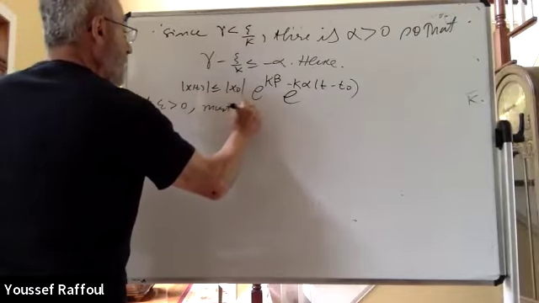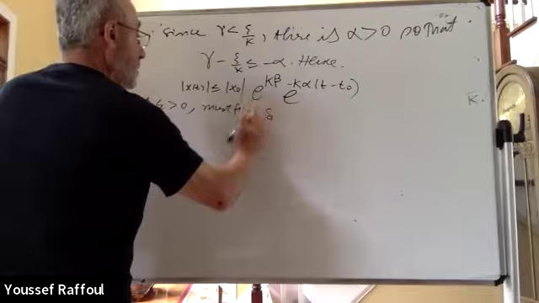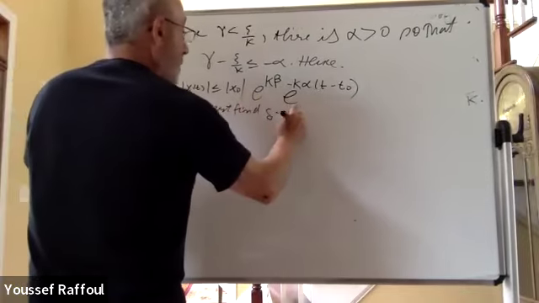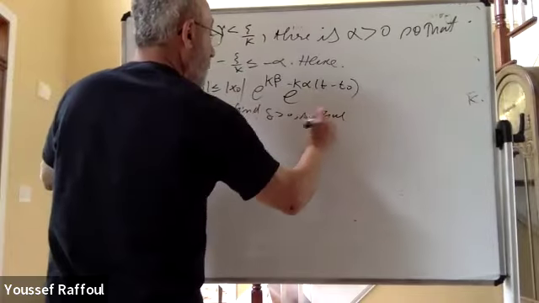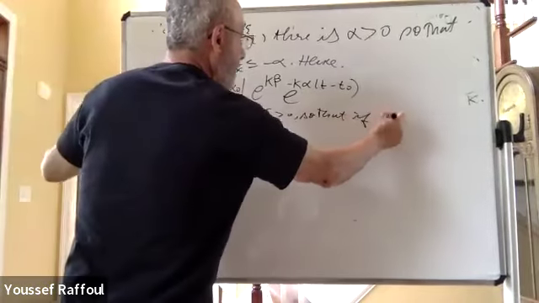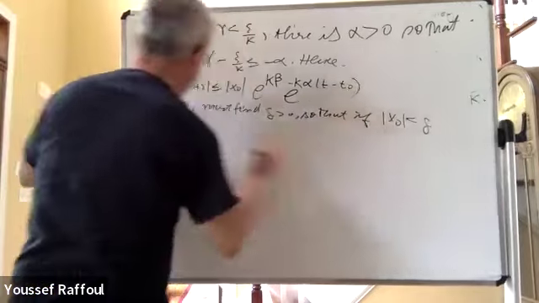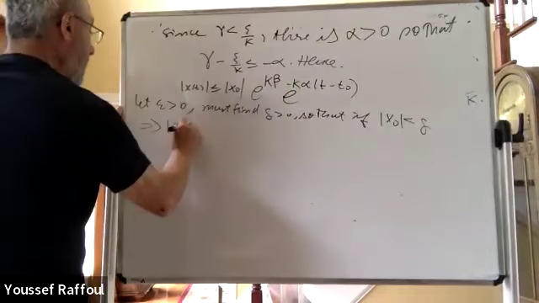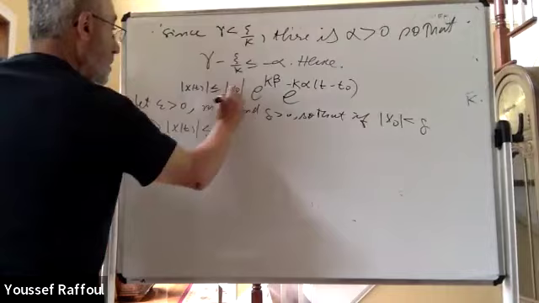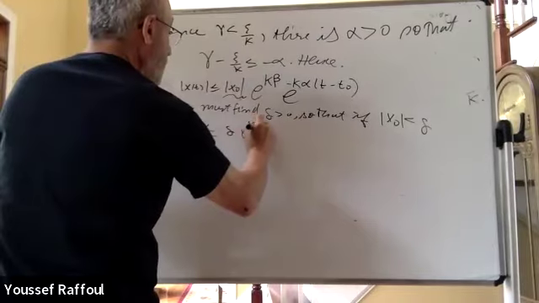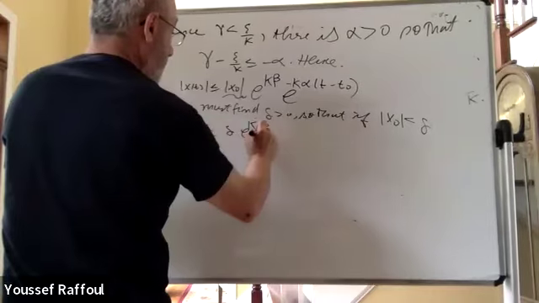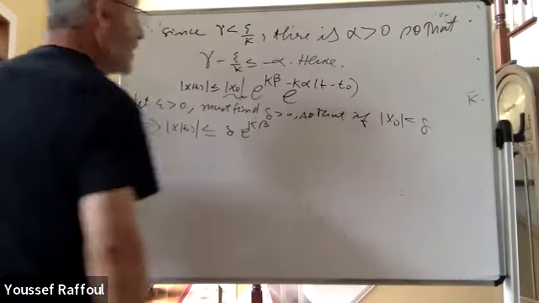We must find delta positive so that if x0 less than delta implies x of t less or equal to delta e to the k beta, correct?